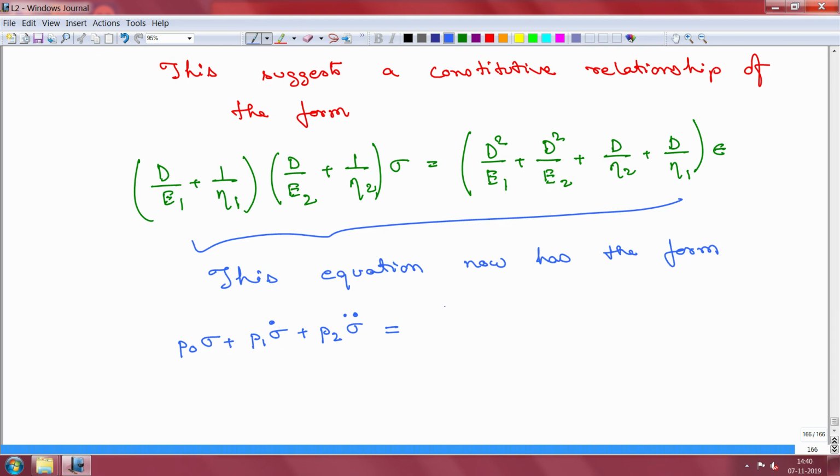So, this side looks like q 1 epsilon dot plus q 2 epsilon double dot, where P 1, P 2, q 1 and q 2 are constants to be determined from the model.